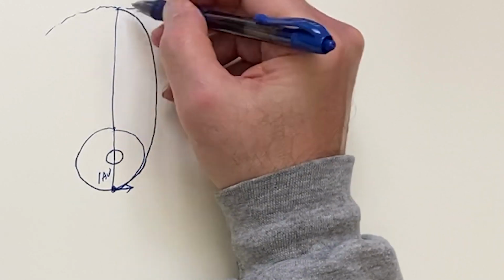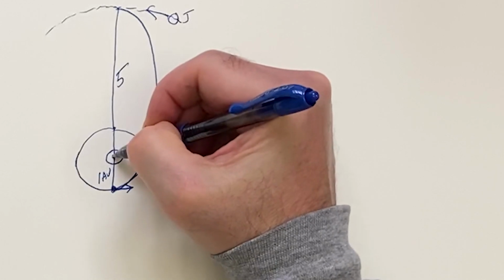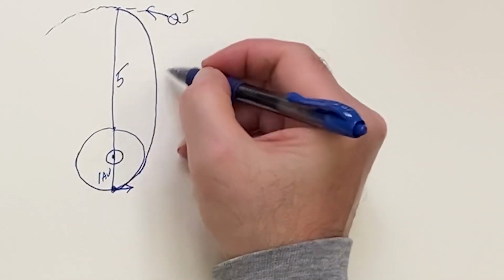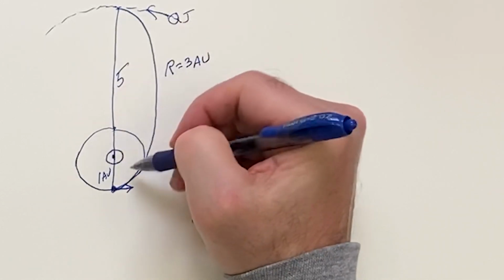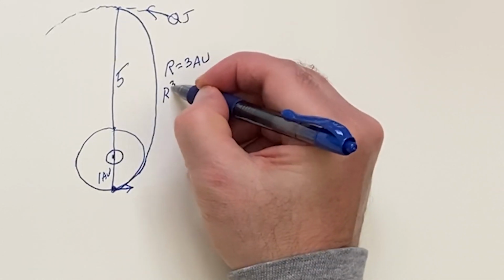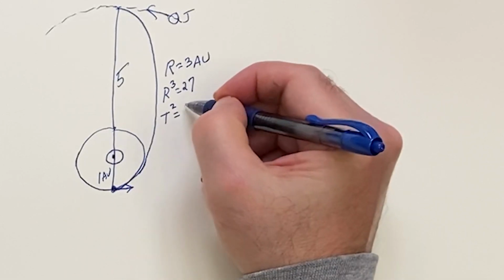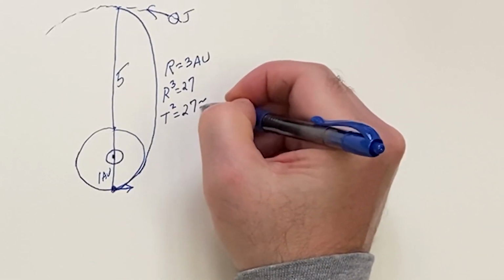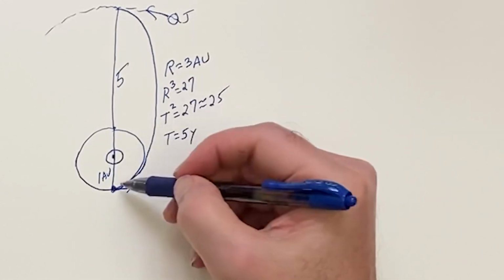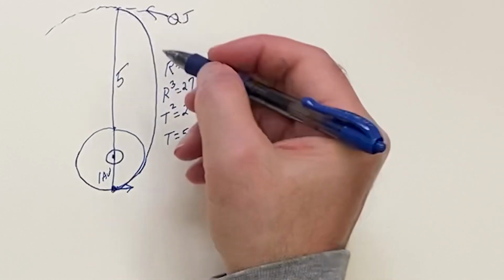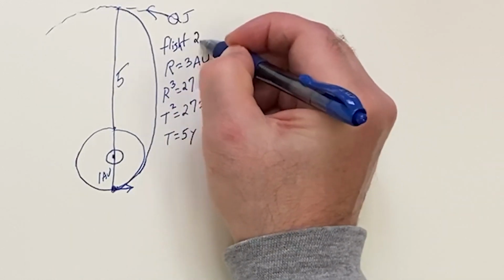So this would be part of an elliptical orbit, where you have 5 AU and 1 AU, so the average is 3 AU. If you take r cubed, you get 27, and then taking the square root, 27 is very close to 25, which means T is 5 years, and to go half the orbit, the flight time would be 2.5 years.